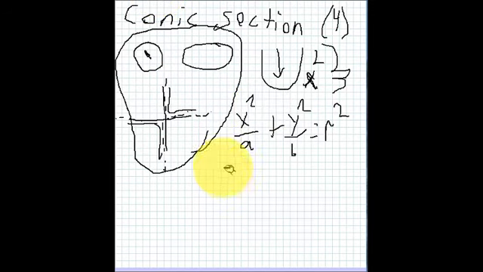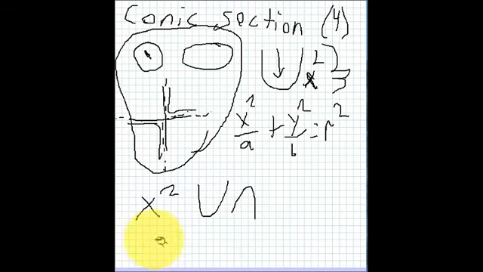As a side note, I kind of skipped this. I should have talked about this in polynomials, but let's go over some of the shapes of polynomials. If you see an x squared, it's going to be a parabola, so it's going to look like this, or like this. If you see an x cubed, it's going to have 2 humps, so it might be shaped like that, or like that.